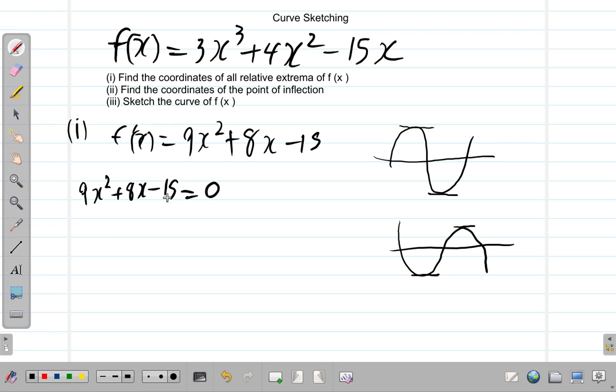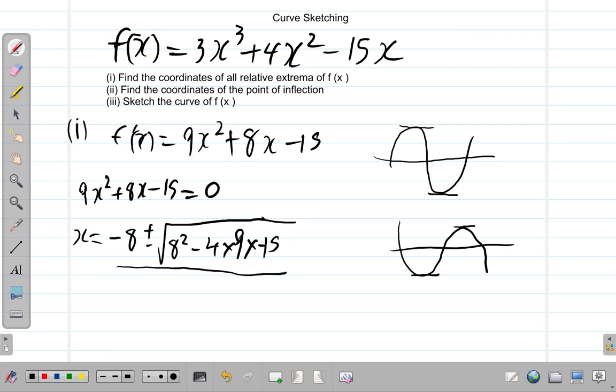Alright, let's use the quadratic formula to solve this. x equals negative b, that's negative 8, plus or minus the square root of b squared, that's 8 squared, minus 4 times a, which is 9, times c, which is negative 15, all over 2a, 2 times 9. 2 nines is 18, so this will be 18. 8 squared is 64. I'm erasing and then doing it here because we don't have a lot of space to show all the working.